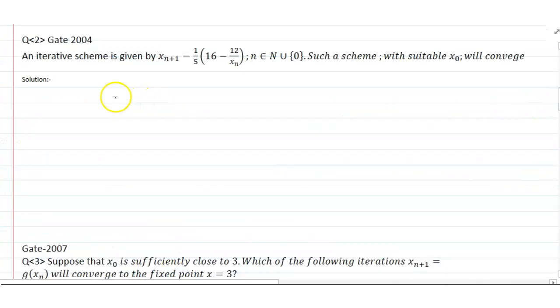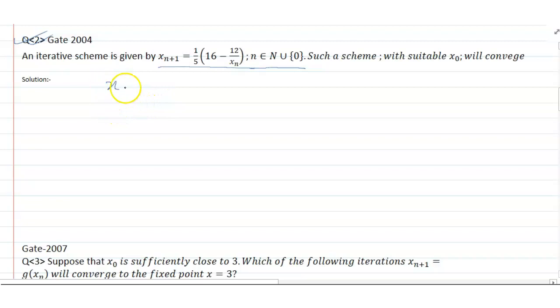Now I want to solve the second problem, GATE 2004. So friends, the iterative scheme is x_{n+1} equals 1 by 5 times (16 minus 12 by x), where n belongs to N union 0.